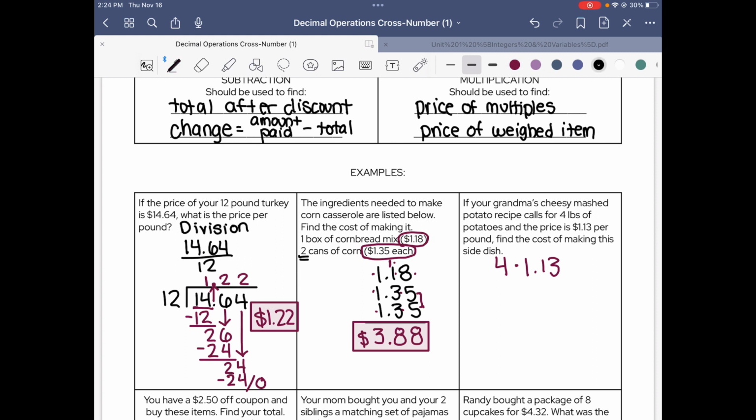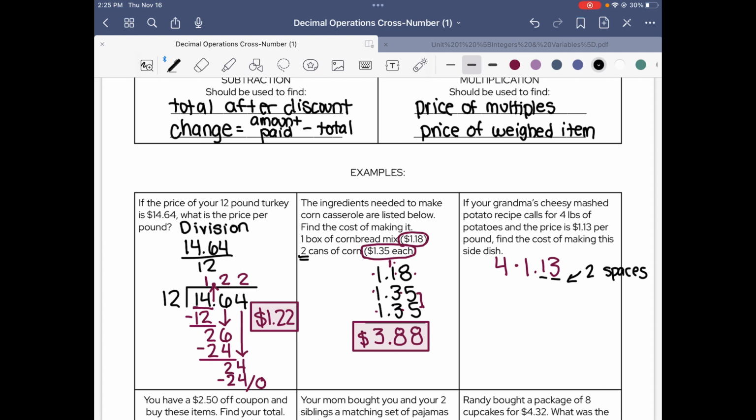Now, when we multiply decimals, what we're going to do is count the number of numbers behind the decimal point. In this case, there's 2. So I'm going to multiply without the decimal, but then I have to move my answer back 2 spaces.